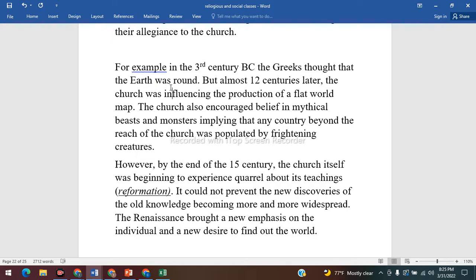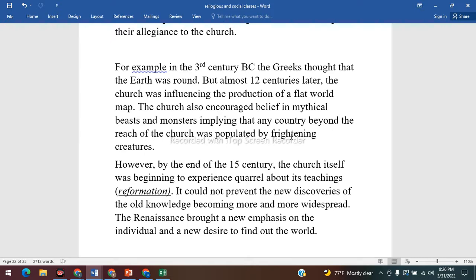What's your question? Yes. The flat world map, is that the maps we still use nowadays? No, no. What we have now is a map of the world, but even though it's flat, it's still trying to show a spherical world, right? So they're almost different. But that one was different.